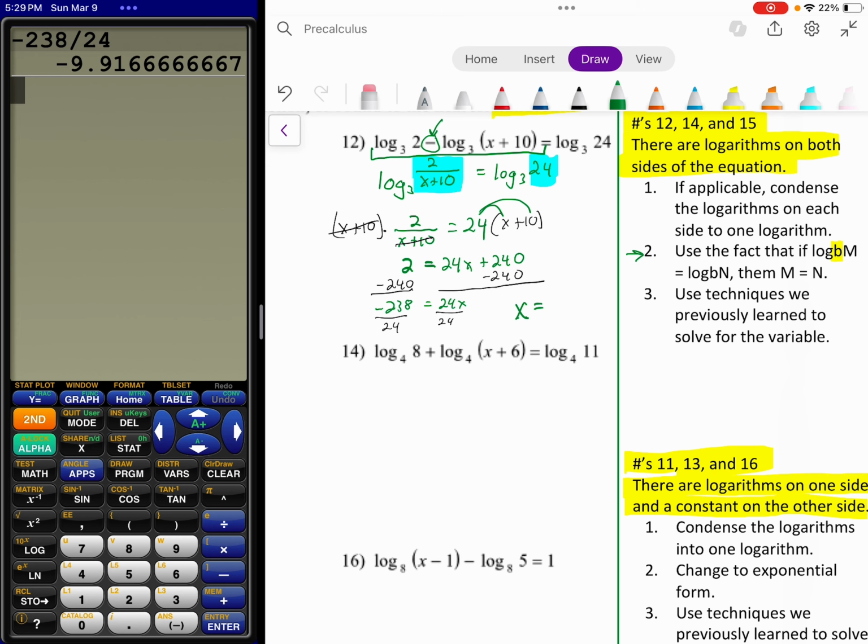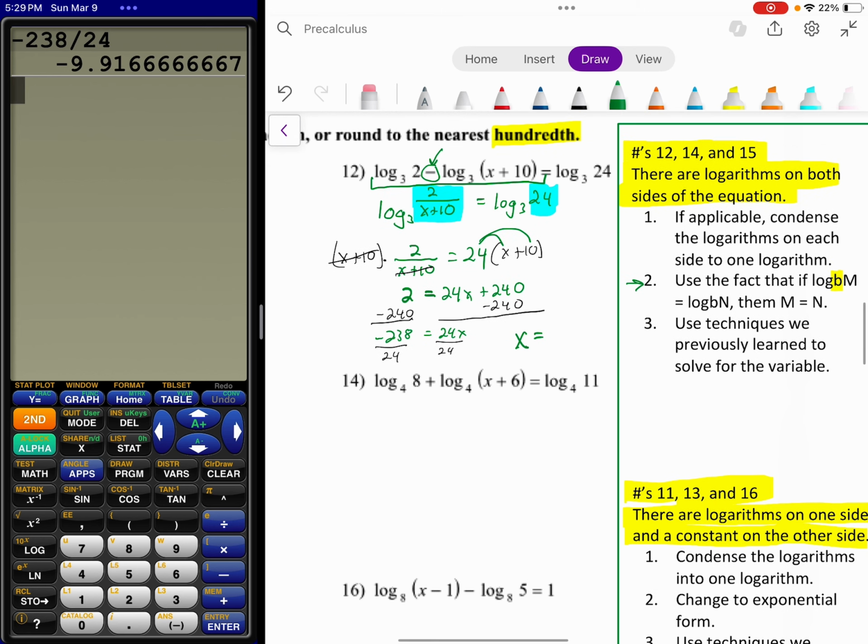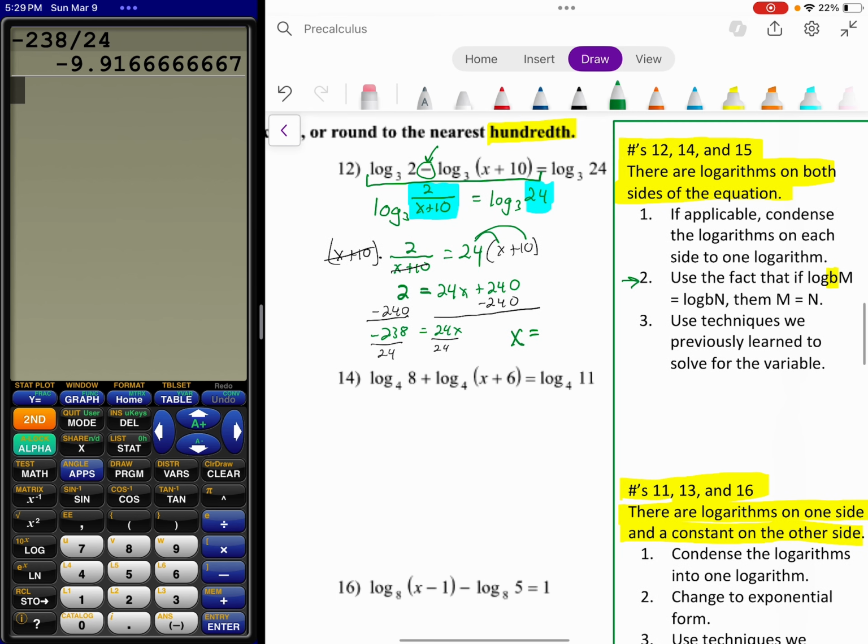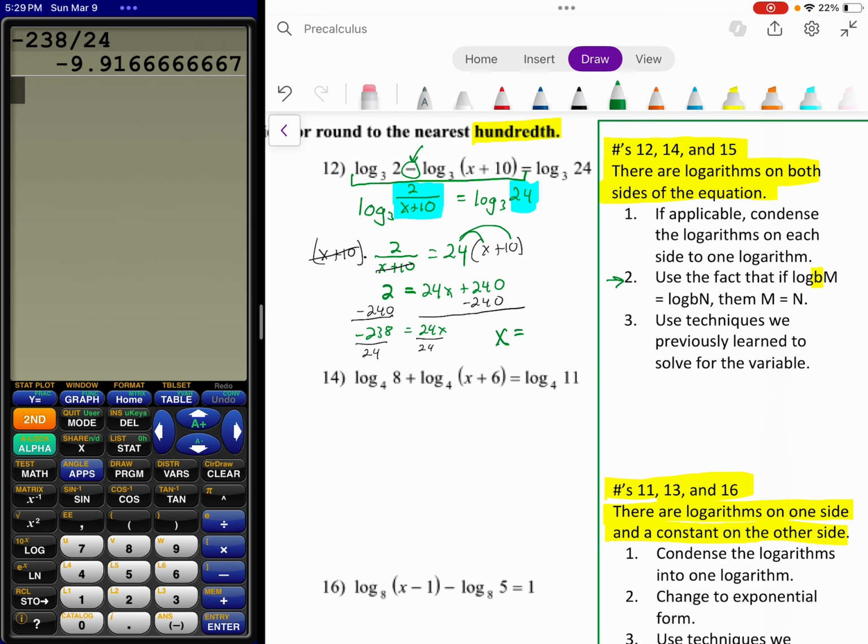Now, in the directions, it says round to the nearest hundredth. So that's 2 decimal places. So this is negative 9.92.